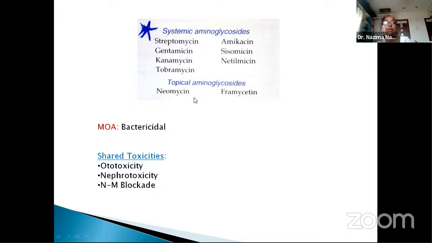These drugs act by inhibiting bacterial protein synthesis, with a cidal action. They have shared toxicities, similar across all drugs in this group: ototoxic potential, nephrotoxic potential, and neuromuscular blockade.